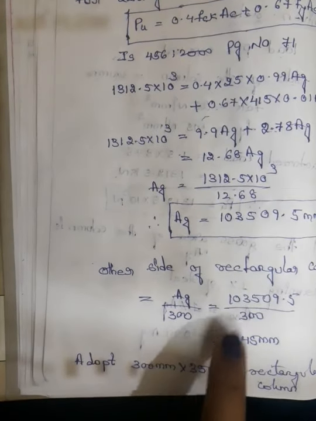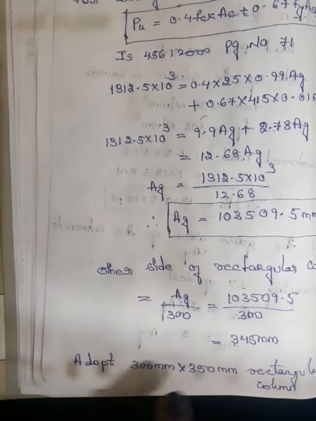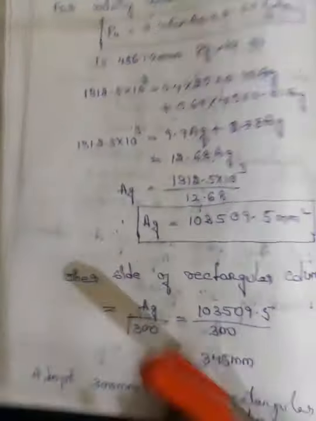The other side we have just calculated based on the AG, so that is 350. Now we know the dimensions of the rectangular column.